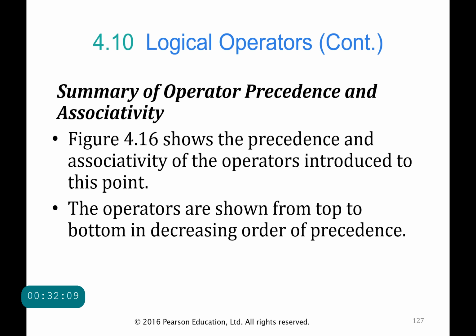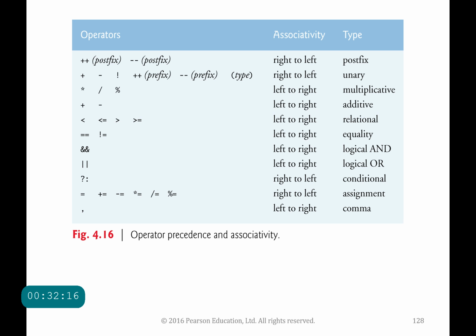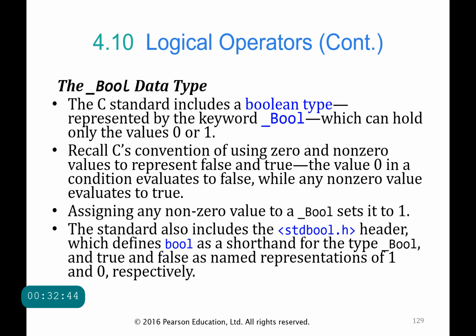Okay, and then finally let's look at the precedence of operators and associativity given on this table. On this table you can see the precedence of the logical and and the logical or. The logical and has higher precedence than the logical or. Both associate from left to right, and that's pretty much it.